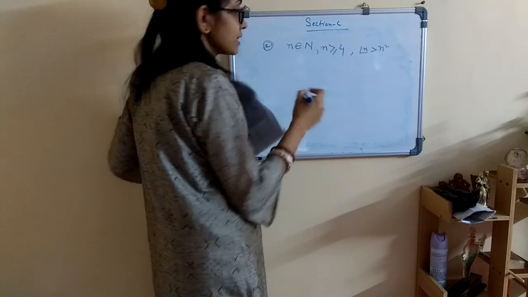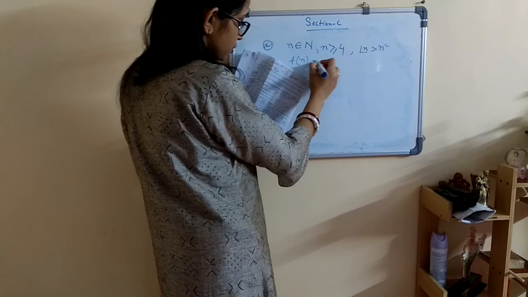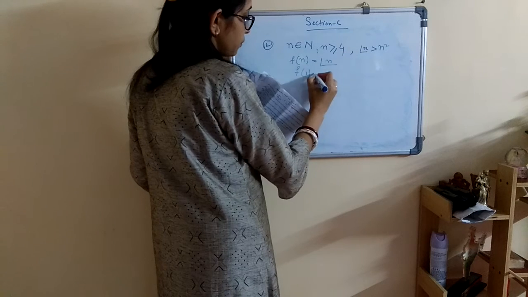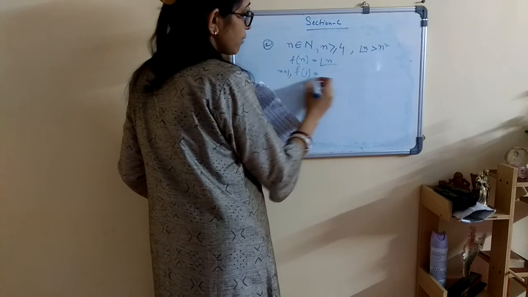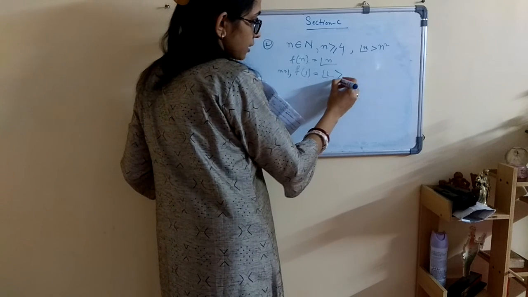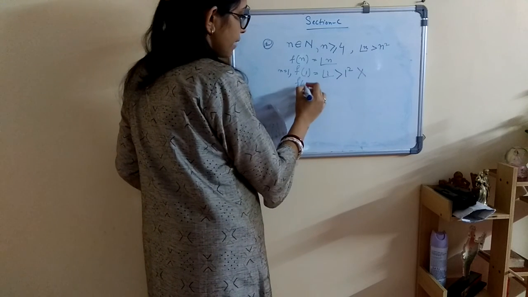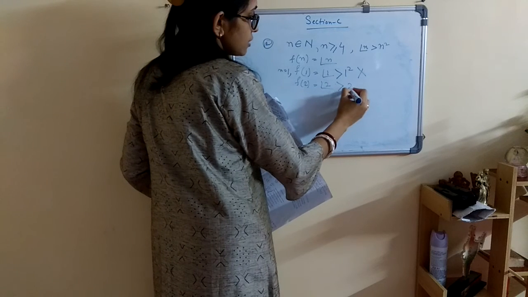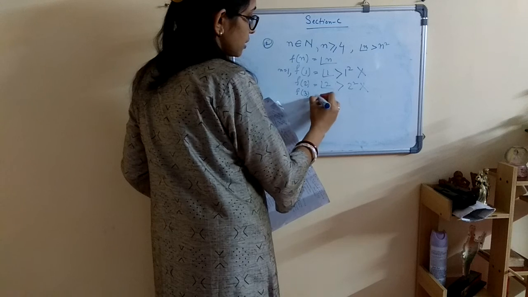For this, let us consider a function f(n) equal to factorial n, for n greater than or equal to 4. Let's first see n equals 1. For n equals 1, f(1) is factorial 1. Is this greater than 1 squared? No, it is false. f(2) equals factorial 2. Is it greater than 2 squared? No. f(3) is factorial 3.